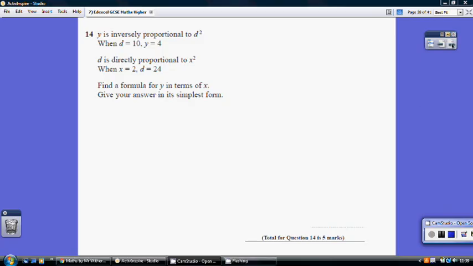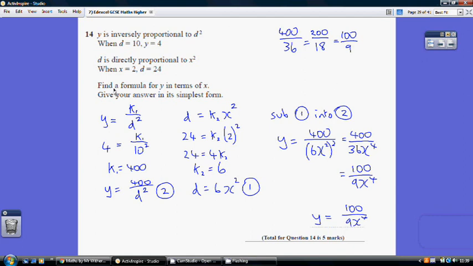Question 14. So let's start off with this first fact, that y is inversely proportional to d squared. So y equals k over d squared. I've just called it k1 because we're going to be having another constant a bit later. Now we're told that when d is 10, y is 4.